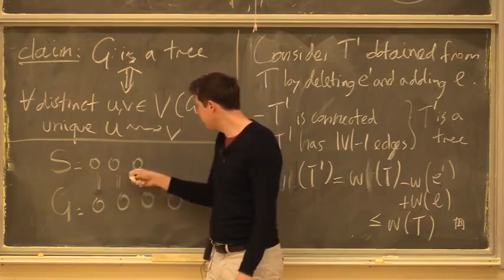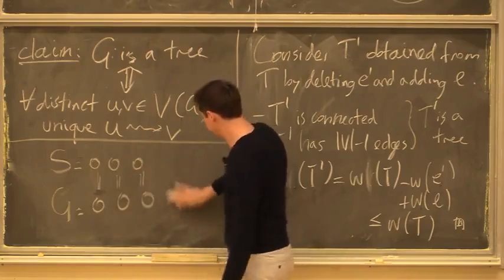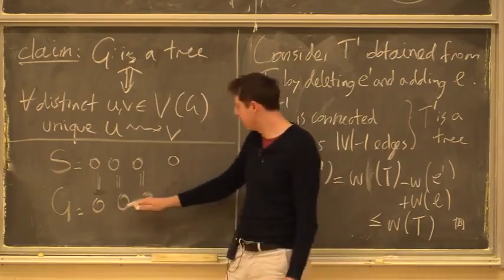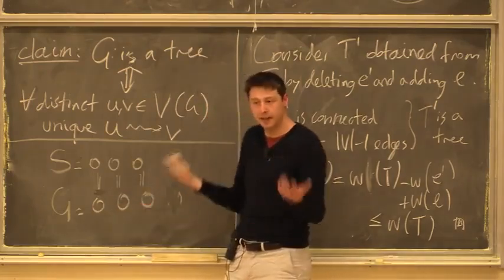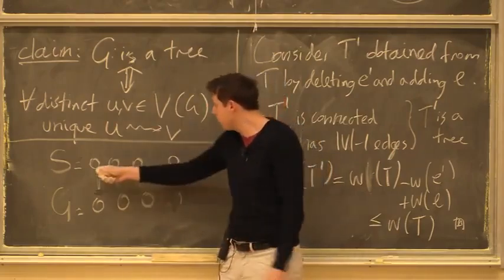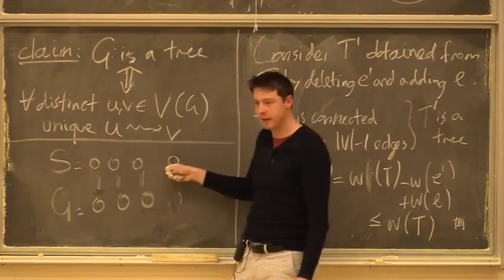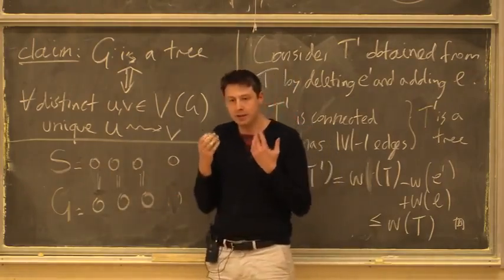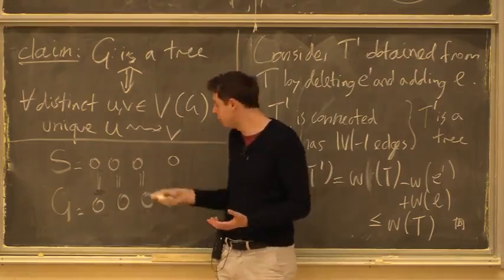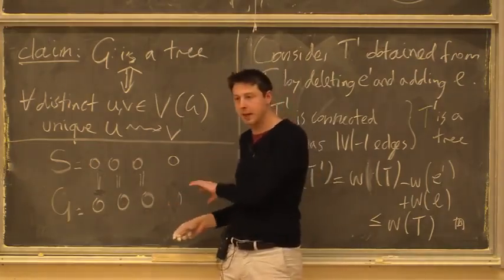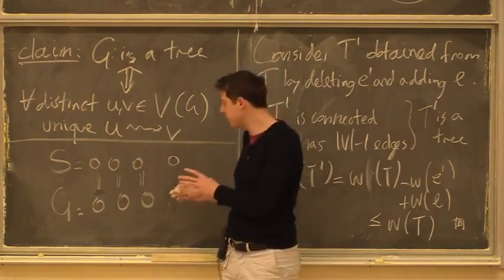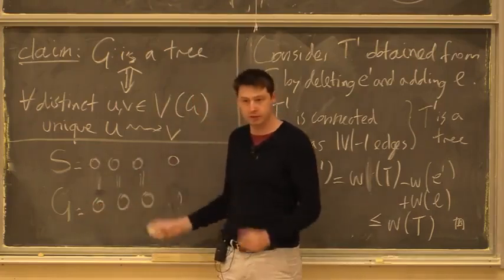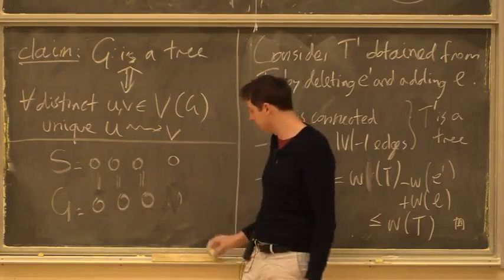If you have a greedy solution that is suboptimal because it chose these 3 and didn't choose anything else, but the optimal one picked these very same 3 plus this one, well, the greedy algorithm would have also picked it, because the greedy algorithm picks stuff as long as it is possible. So this is a simple subcase of the proof that tells you that you can indeed assume that S and G differ somewhere. Just a small clarification from last time.